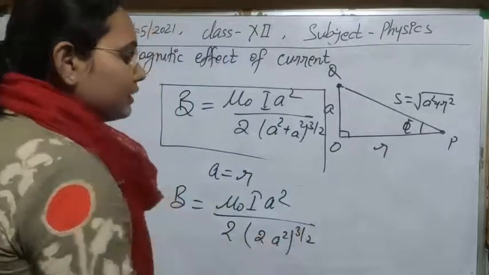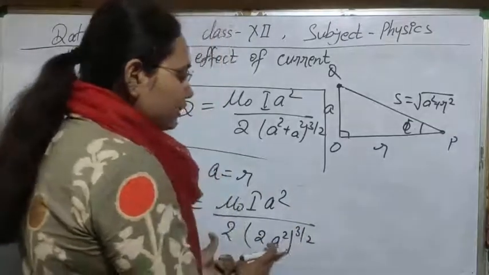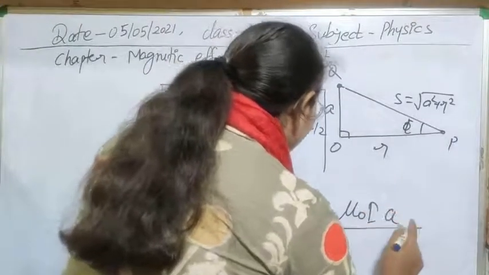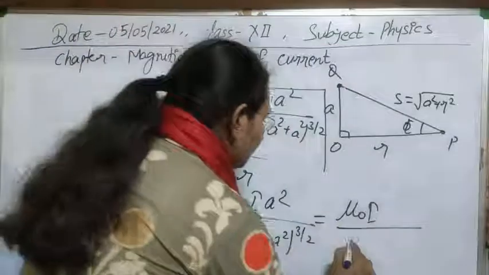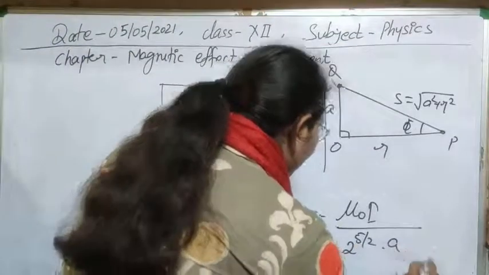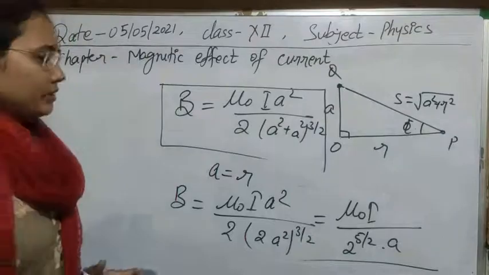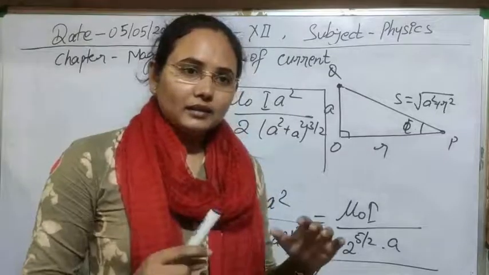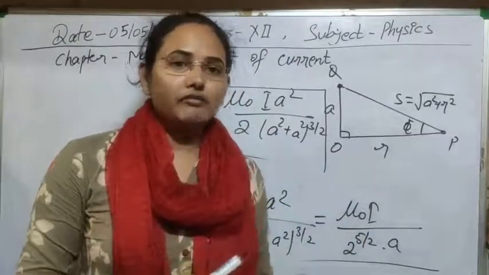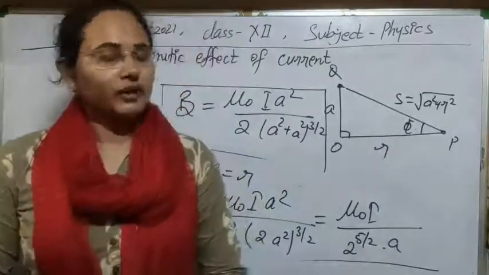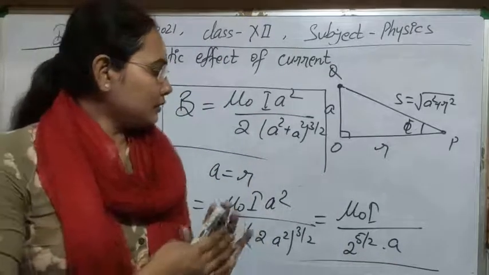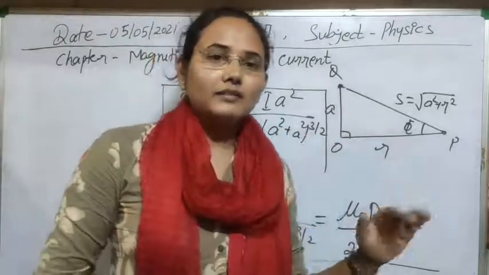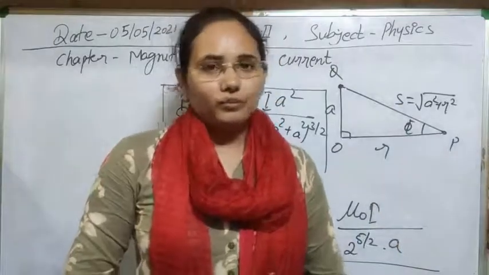From here we get 2 power 3 by 2 times A cube, and if you solve the whole expression, we get mu 0 I upon 2 power 5 by 2 into A. These special cases help you understand that the magnetic field changes as the position of the point on the axis changes. It is like a decreasing factor as we go away from the center of the loop.